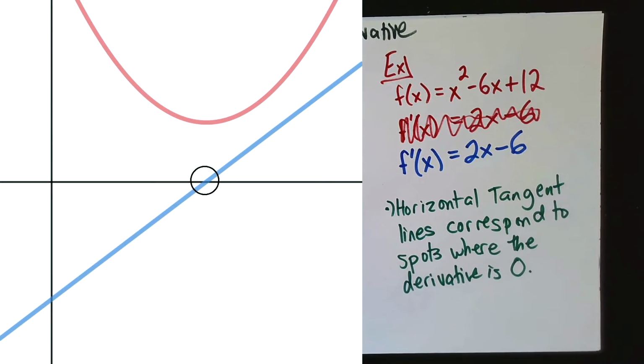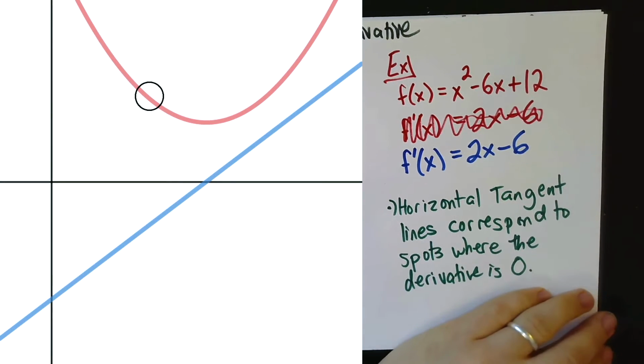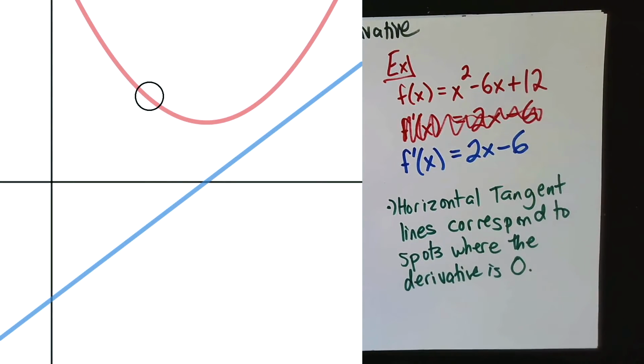But it's important to note that the relationship between the red graph and the blue graph doesn't only exist when the derivative is 0. For example, here's another point on the red graph, and I want you to imagine what the tangent line would look like there. You'll see that the tangent line has negative slope, which tells me that at this point, the derivative is negative.